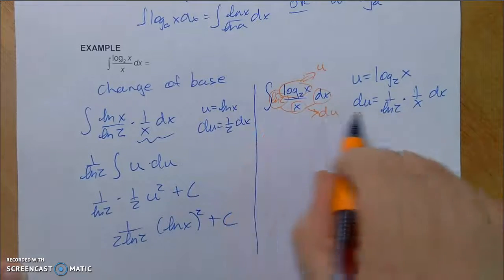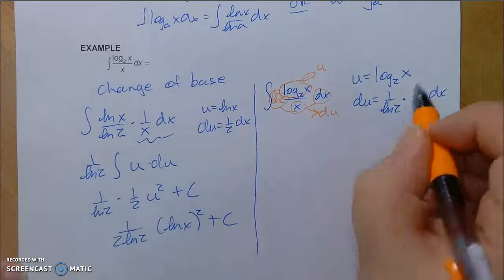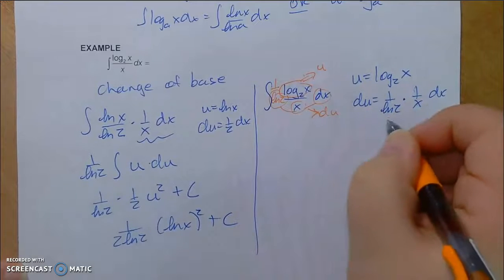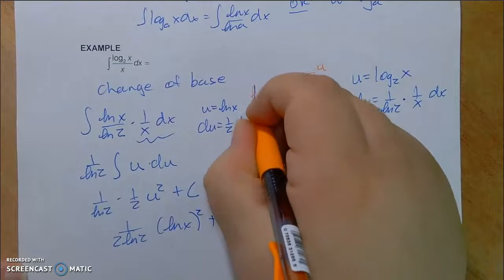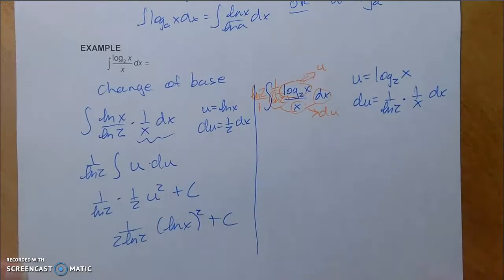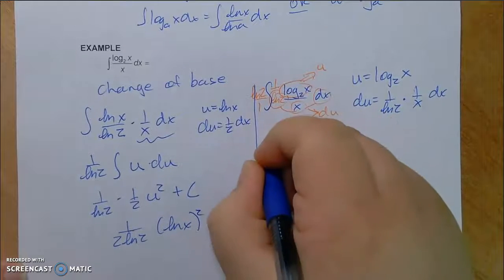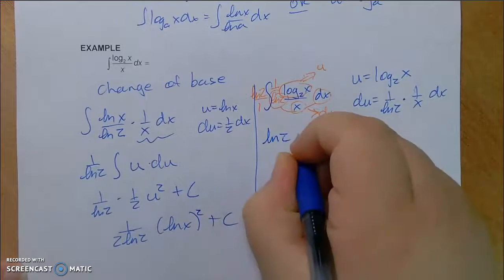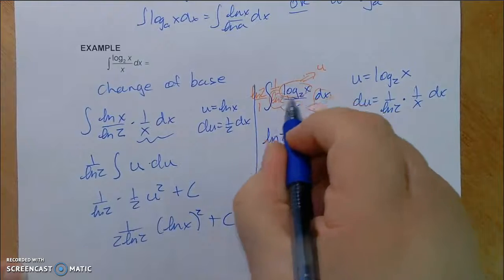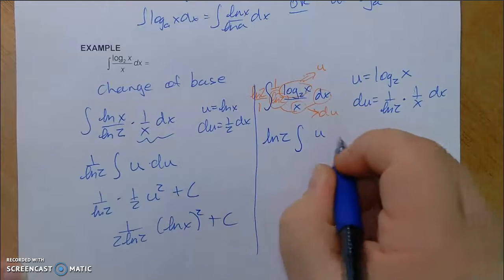Well, I multiplied by the natural log. No, I divided by the natural log of 2. So on the front, I need to multiply by the natural log of 2. That's a lot. So this factor's here on the outside. We have the integral. Our numerator becomes u.